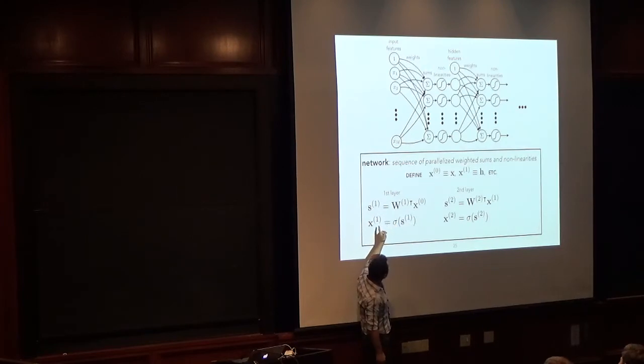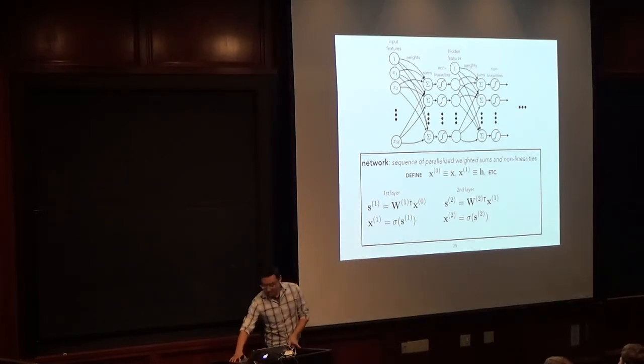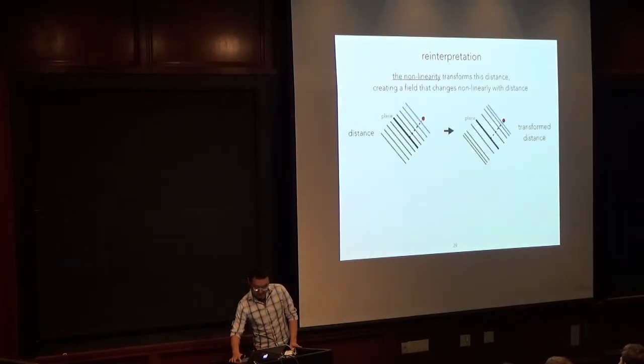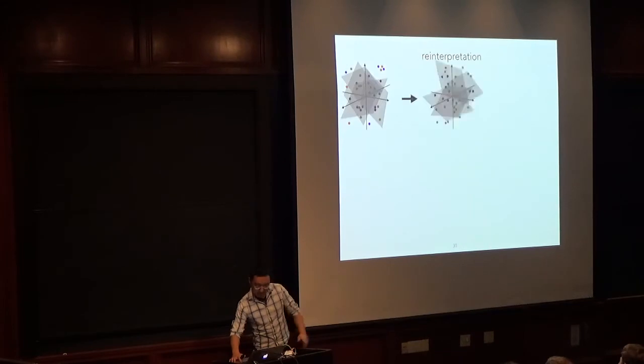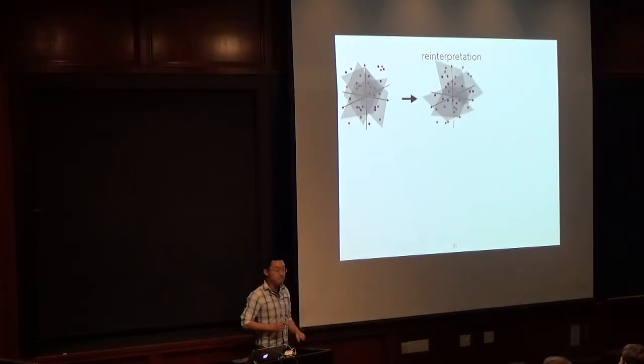X superscript 1 is a set of neurons processed on the raw inputs with a nonlinearity. Let's say for the sake of argument, this is three-dimensional. There are 3 neurons. Then that's what's happening here. That's this visualization.